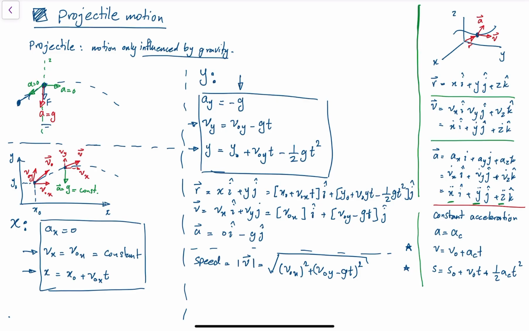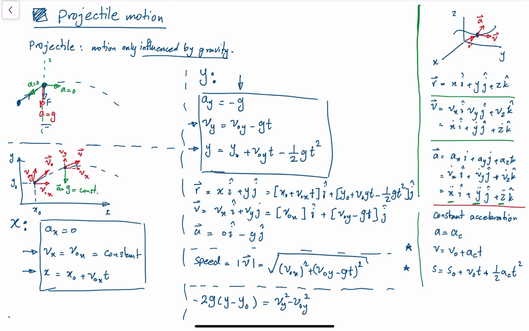And one last thing, in the y direction, often we don't know the time, but we want to find, for instance, maximum height or similar situation. We can use the time independent formula. So delta y, or y minus y naught, times 2g. Minus 2g (y minus y naught) equals v squared minus v naught squared, both of these along the y direction.